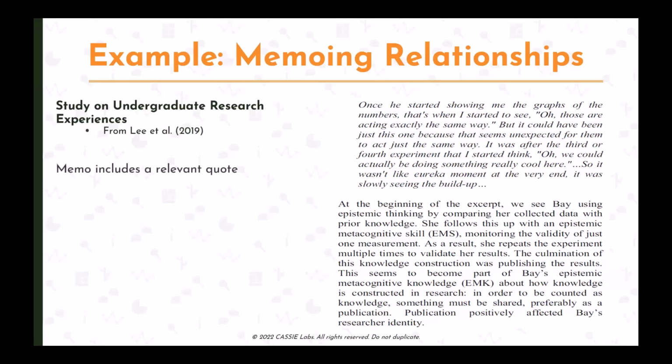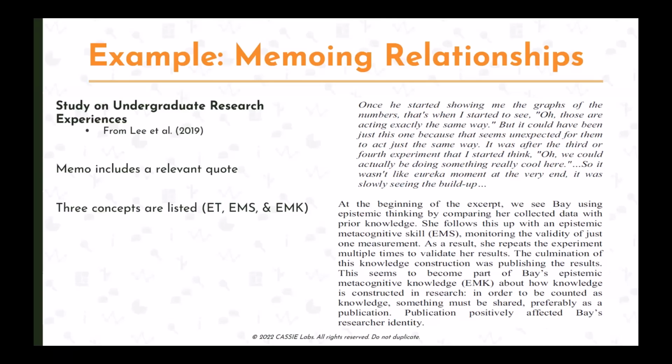So what does this memo include? It includes the relevant quote, in italics. It lists 3 concepts at least. There may be some other concepts in here that we're not seeing, but at the very least, they mention epistemic thinking, this epistemic metacognitive skill, which is more like a behavior, and then this epistemic metacognitive knowledge, which is more like a belief about what constitutes scientific knowledge.